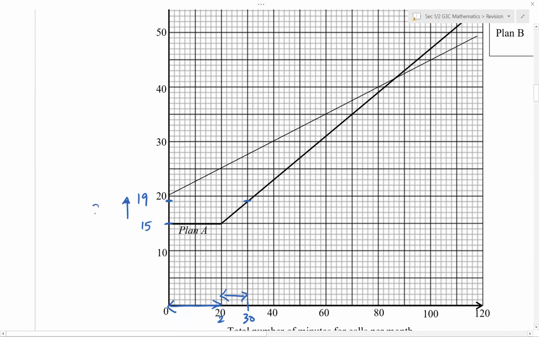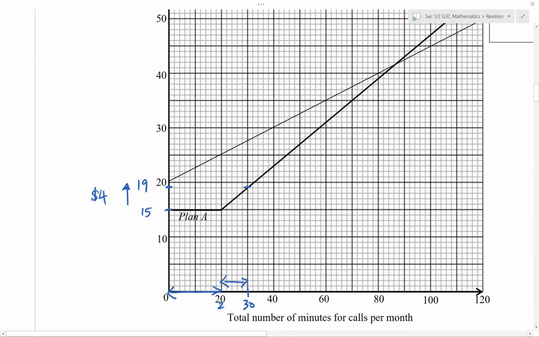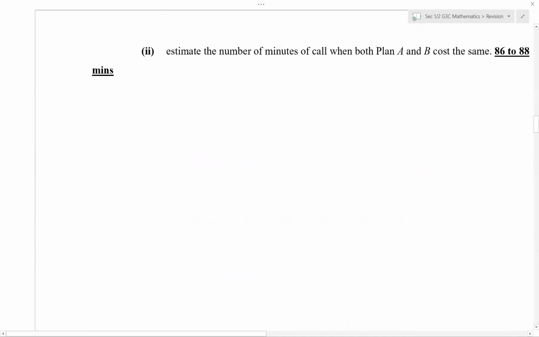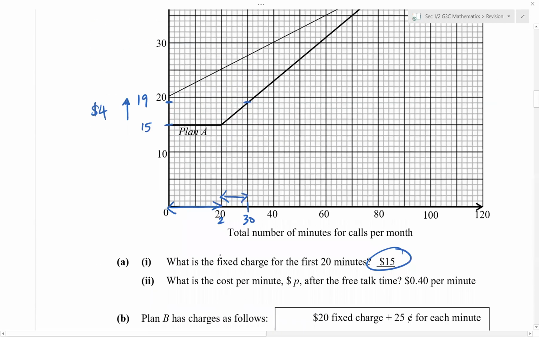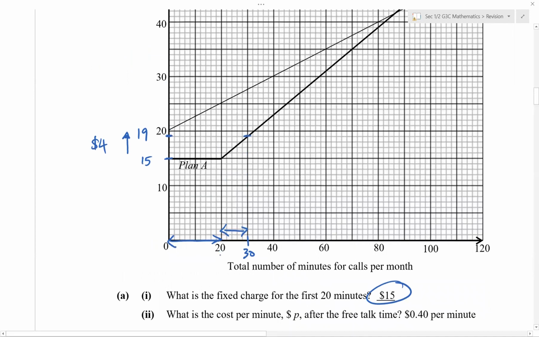That is an increase of $4. Understand logic so far? So extra 10 minutes costs you $4.